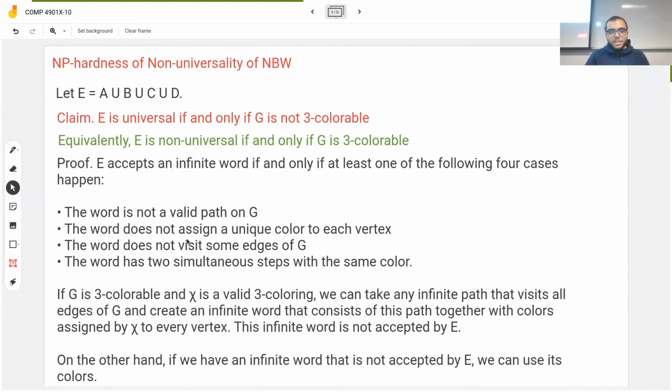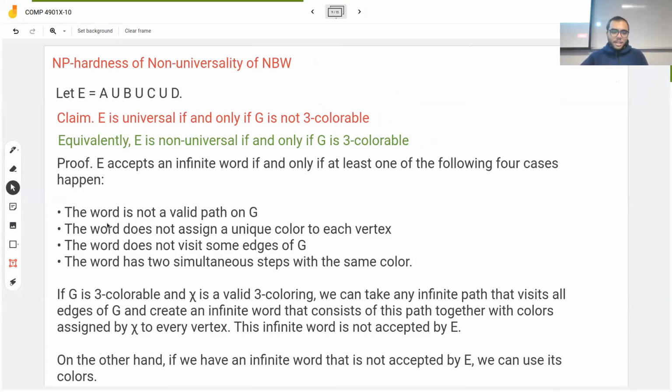Now, finally, let me define my automaton E to be the union of all these four previous automata that I defined. So I define E to be A union B union C union D. So what does E accept? E basically accepts any sequence where one of these things happens.